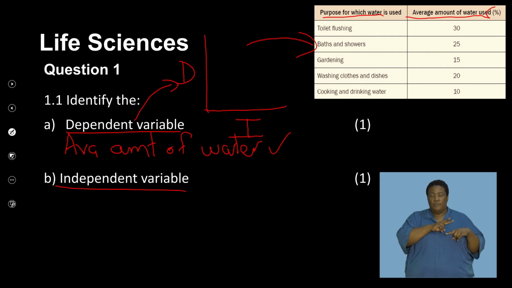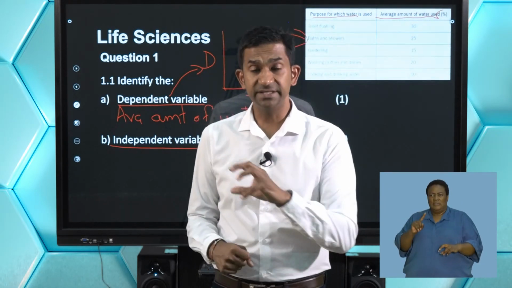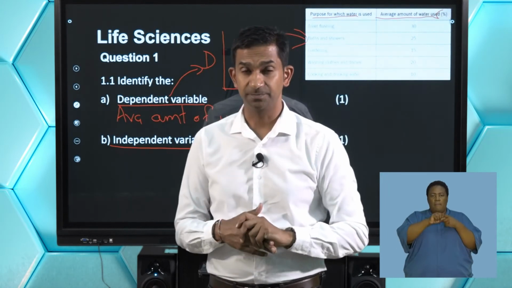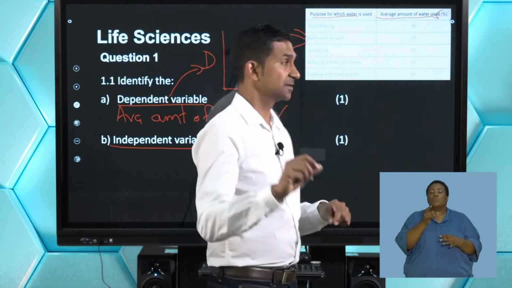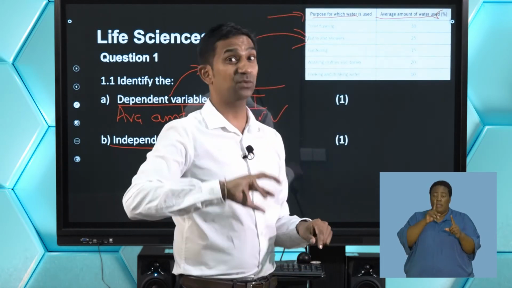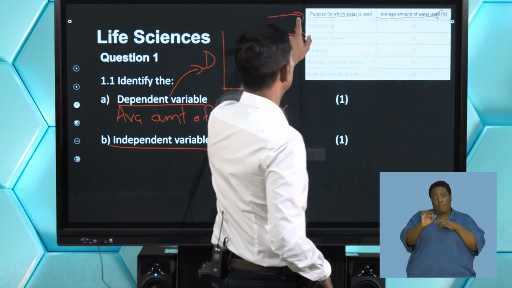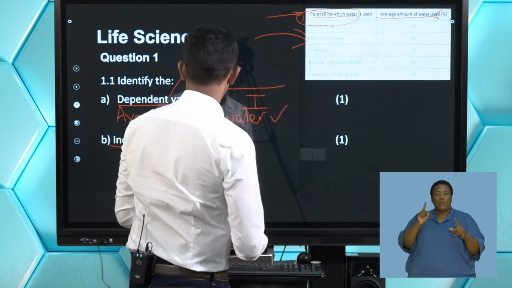The independent variable is essentially what is being investigated. What is it that these learners had control over in terms of trying to find information about? They decided to find out what the purpose of the water being used is, so they established that that was going to be their independent variable. So the different uses of water, or the purpose of water, is the independent variable.